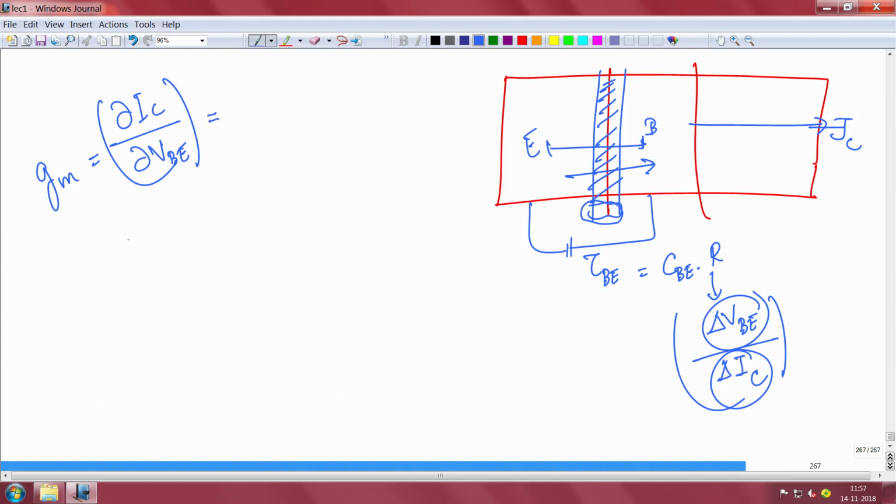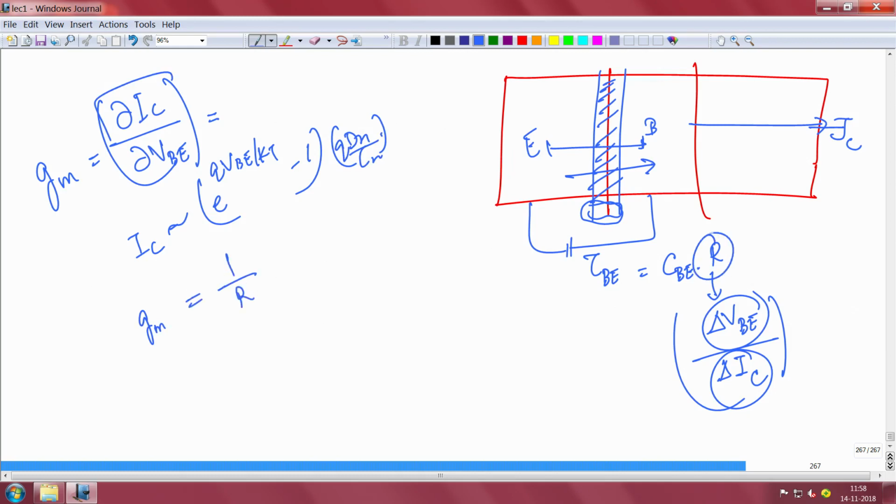And if you recall, IC is given by e to the power qVBE by kT minus 1, with some term like q Dn by Ln and all these things. If you do the derivation, you will find that Gm, which is 1 by Re, is given by q Jc by kT. So essentially your Gm is dependent on the current density Jc, because it's an exponential function.